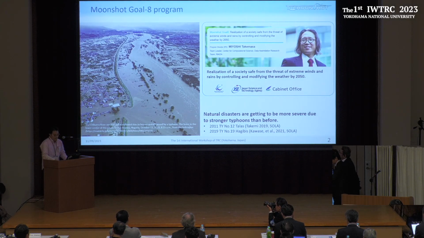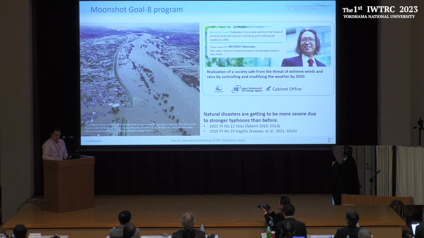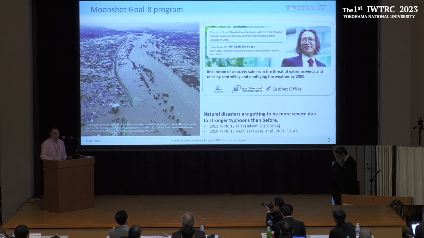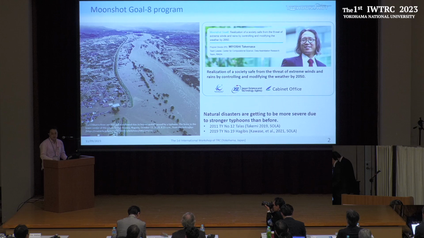As Professor Furias introduced about the Moonshot goal yesterday morning, we are tackling a kind of impossible mission. That is the typhoon controlling. Since we have already experienced the intensified tropical cyclones, we are now suffering the huge natural disaster due to such intensified tropical cyclones.